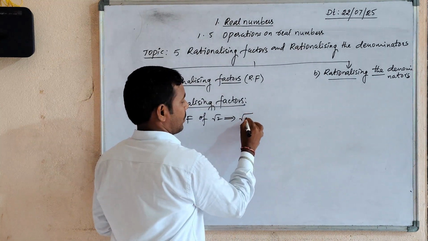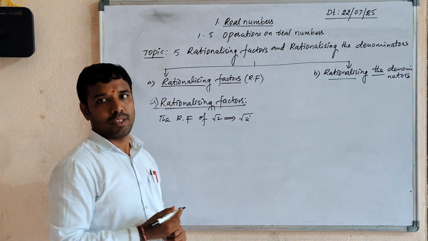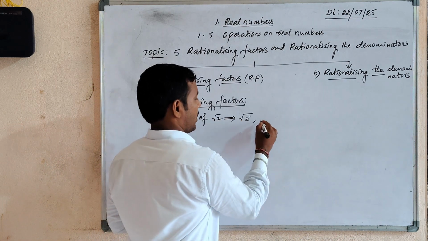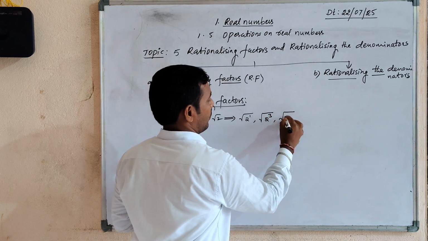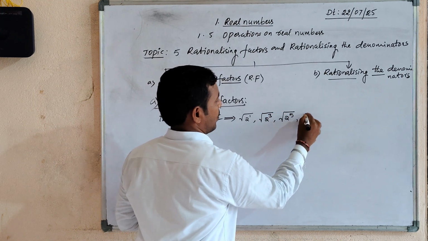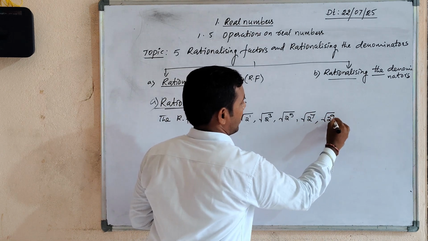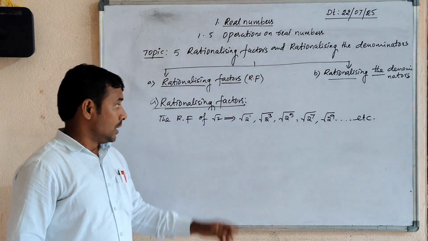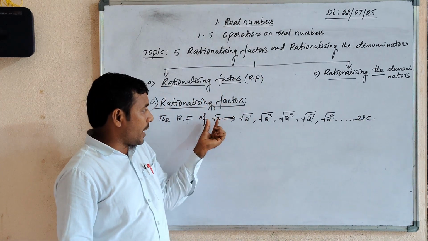Square root of 2 power 1 is a rationalizing factor. Why? Because their product is rational. One more: square root of 2 power 3, square root of 2 power 5, square root of 2 power 7, square root of 2 power 9. Like that we can extend. These all are rationalizing factors of root 2.